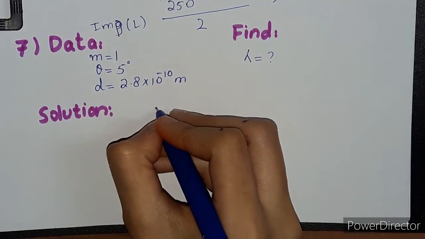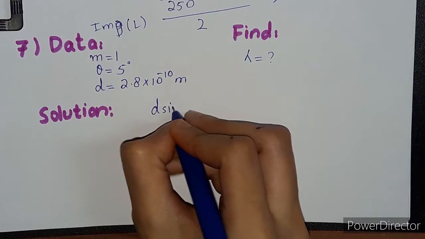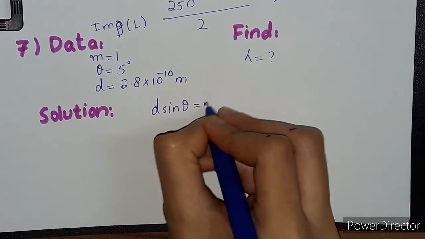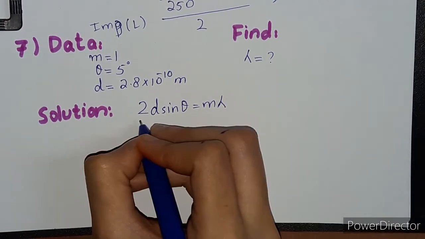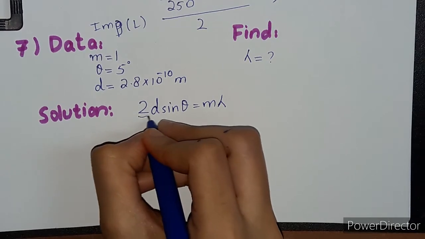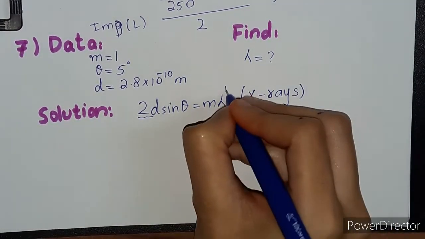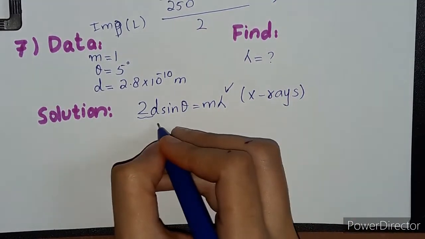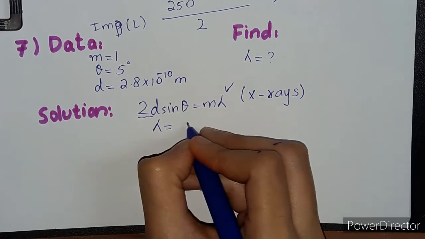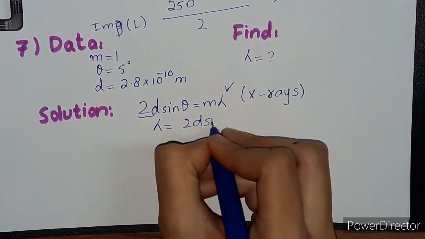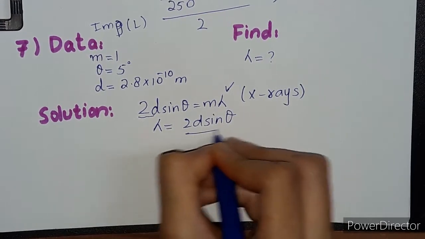So the formula would be d sin theta is equal to m lambda. For X-rays we multiply by 2 here. Now we have to find the value of lambda. We are given all the values. Lambda is equal to 2d sine theta divided by m.